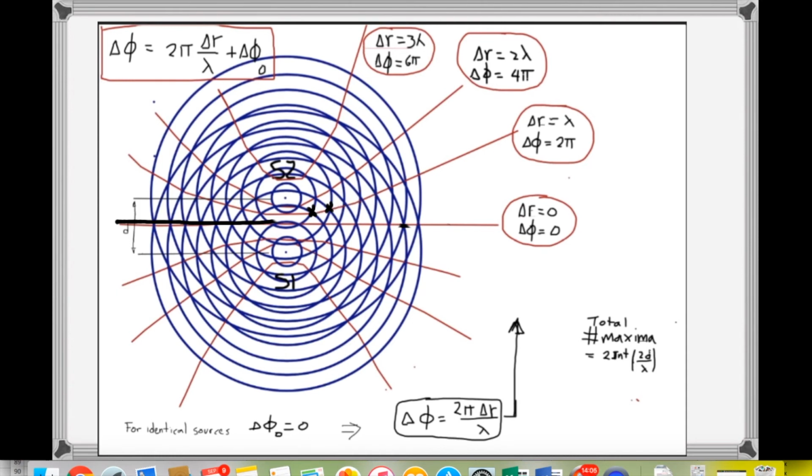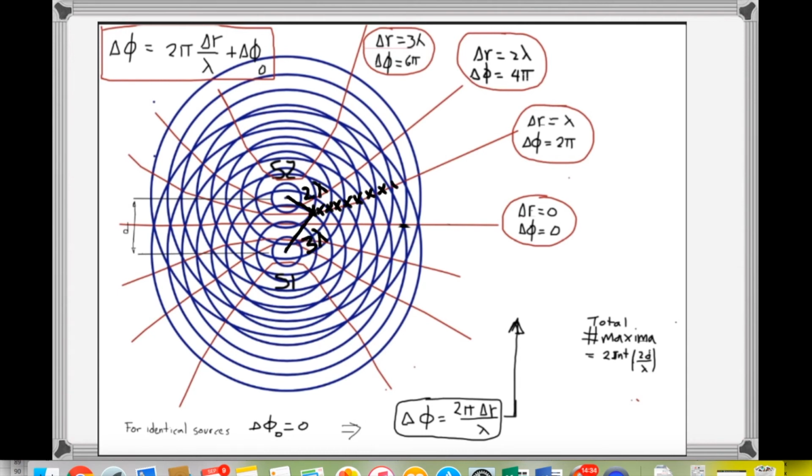Now if you pick a different point, like the one that I marked here with an X, you can see that there is a peak superimposed with a peak, so that's going to be constructive interference also. That constructive interference also occurs at this point and at any point in between them along this red line. Every point along this red line has a difference in path length of lambda.